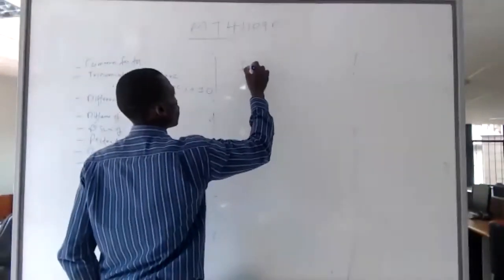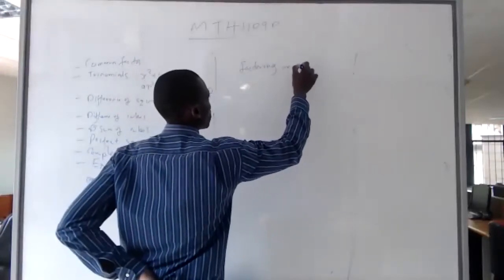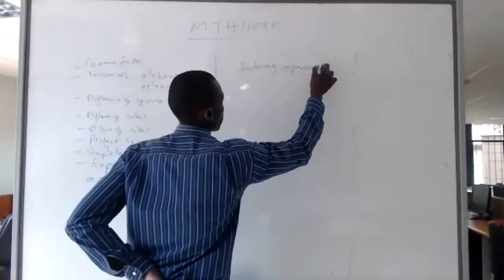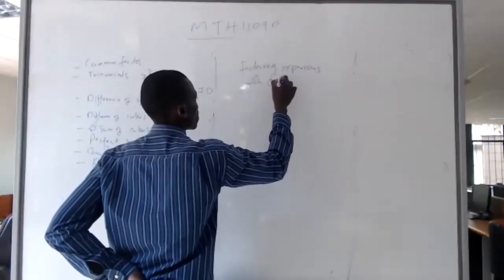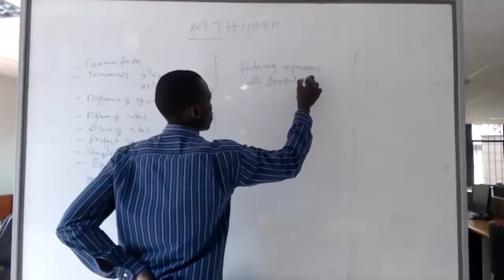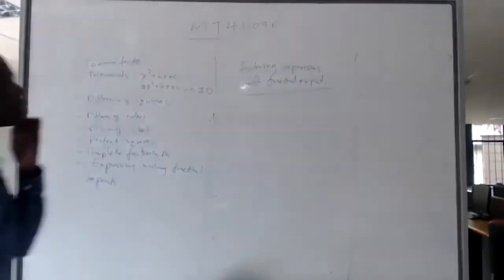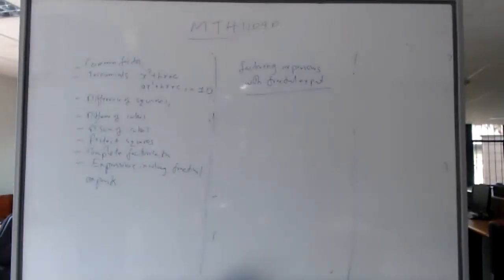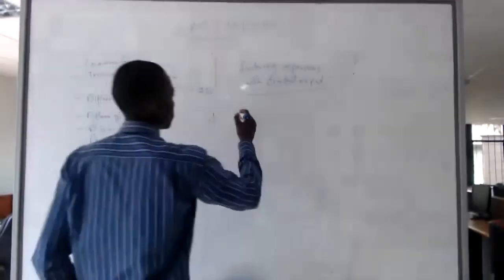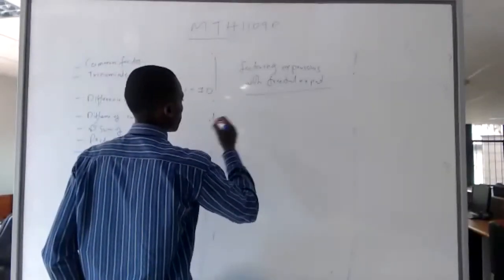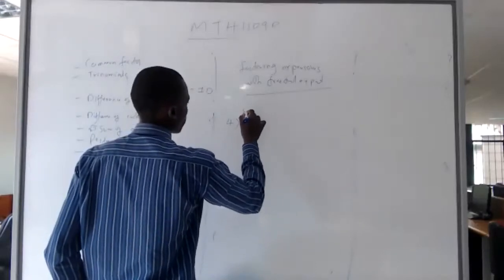This is called factoring expressions with fractional exponents. These are expressions whose powers are fractions. For example, let's say you have 4x to the 5/2.